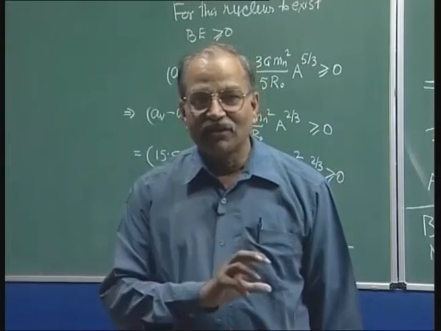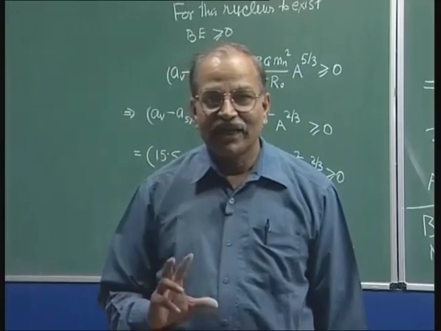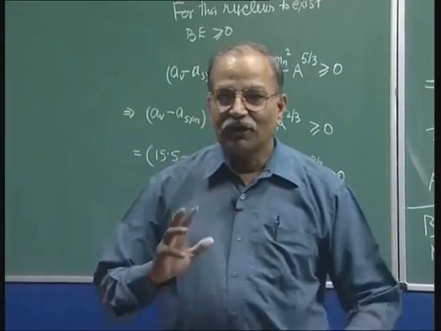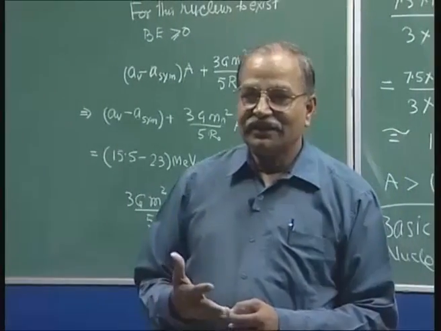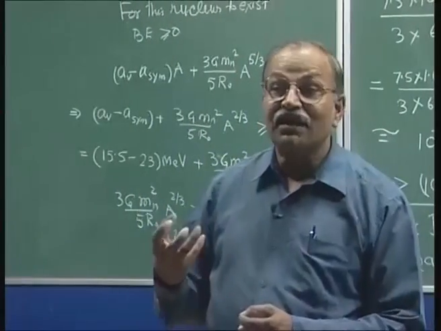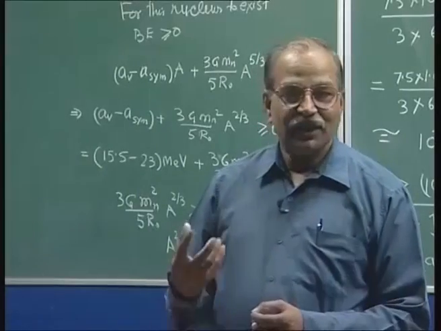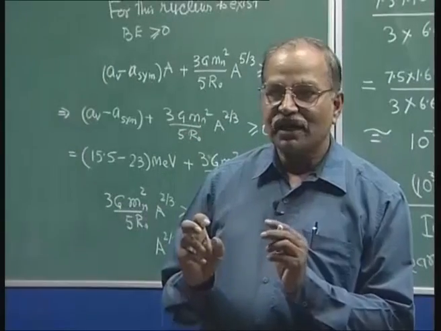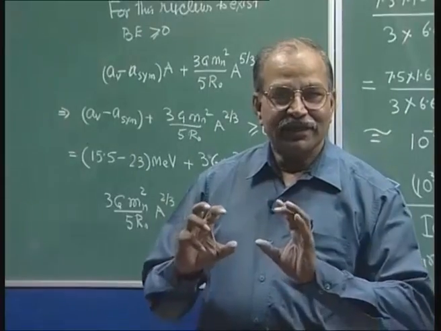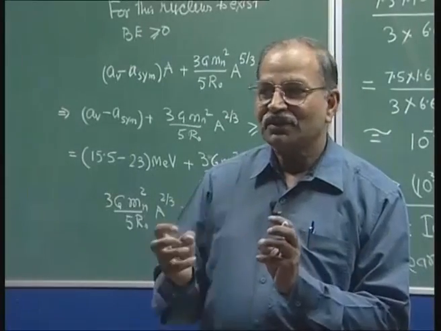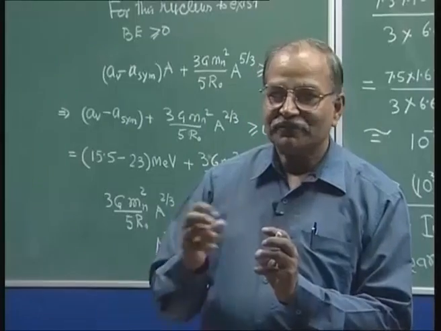The kind of terminology we use for a liquid drop, we are using here: the volume, the surface, and the Coulomb interaction. So, it is a charged drop. In a liquid drop, the interaction between molecules is also short range, because molecules are electrically neutral, and the interaction between molecules comes from electromagnetic interaction only.